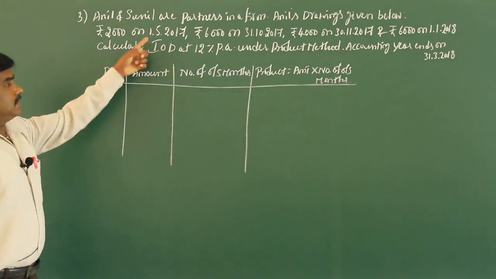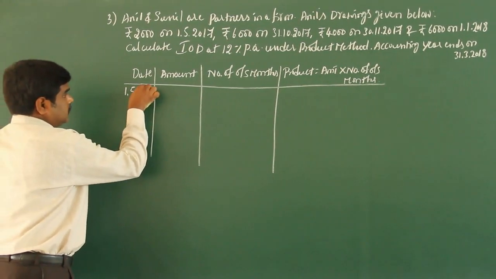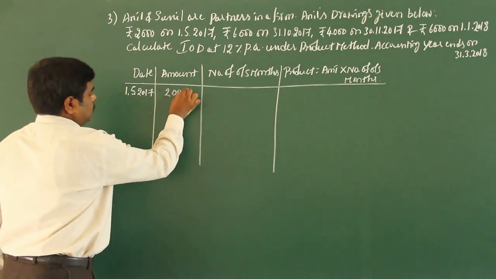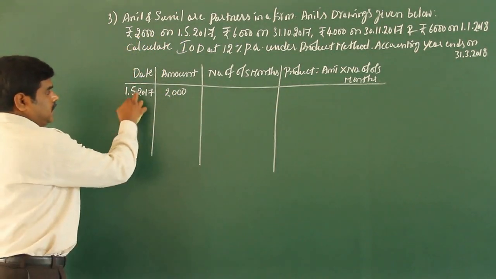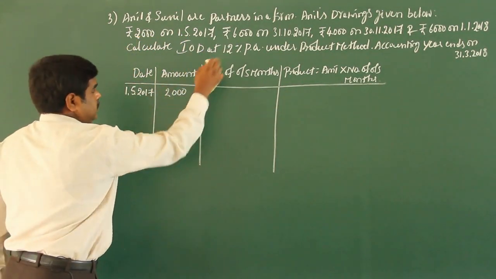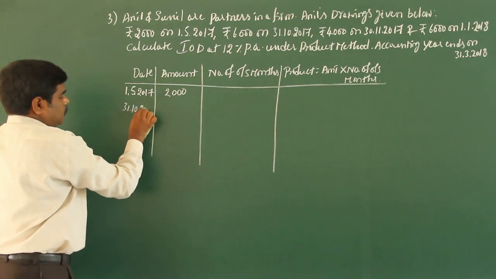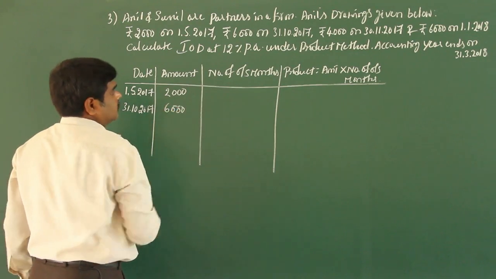First, the date of drawing: 1/5/2017, amount drawn 2,000. So the date is given, the amount is given. Next date 31/10/2017, amount drawn 6,000.